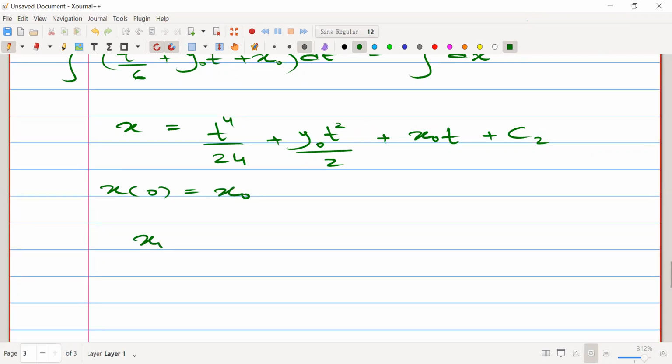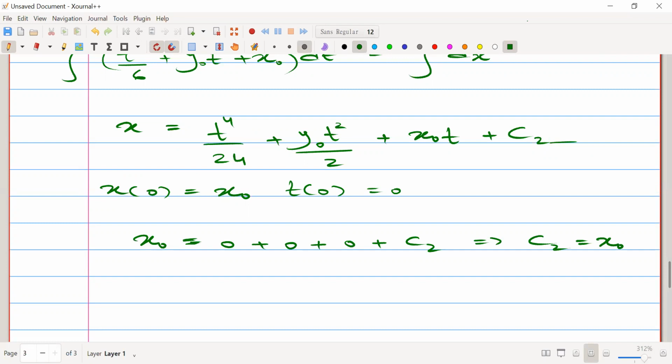So plug in t equals 0: this is 0, plus this will be 0, plus this will be 0 again, plus this will be c2. So this implies that c2 is simply x naught.